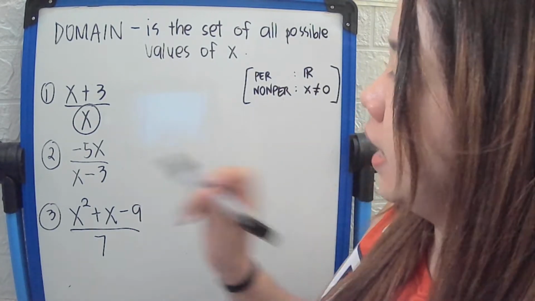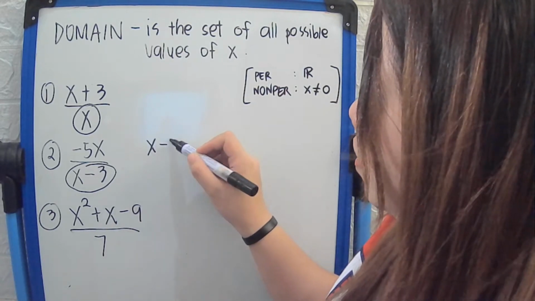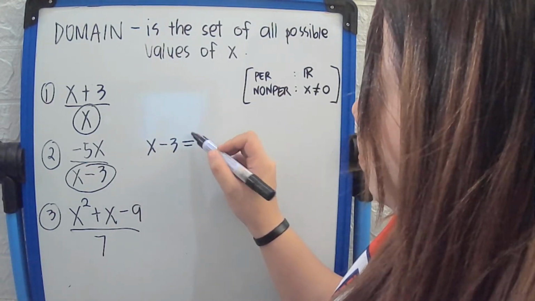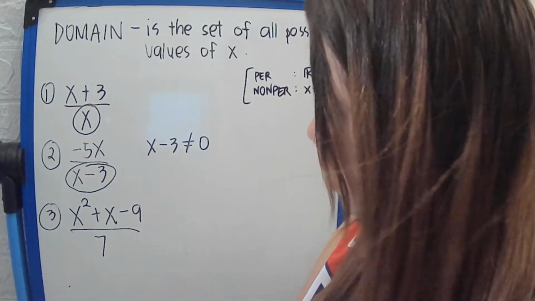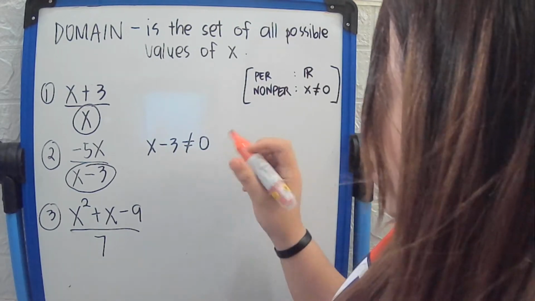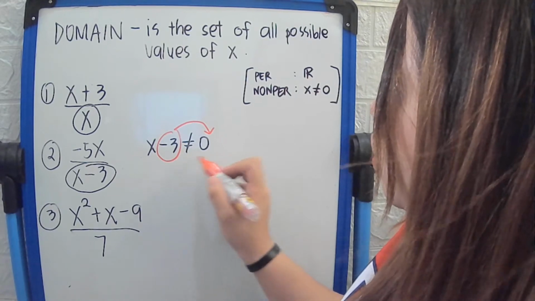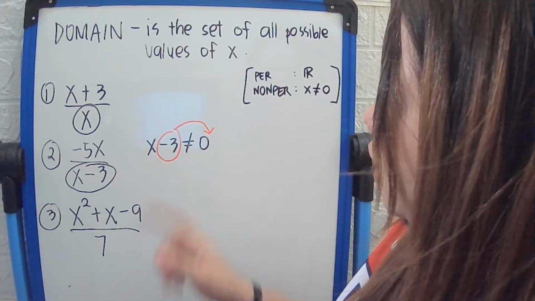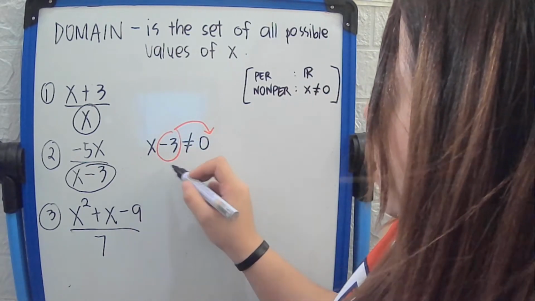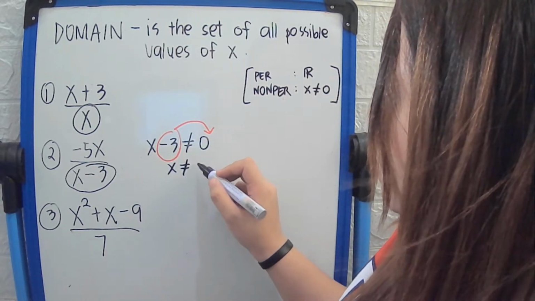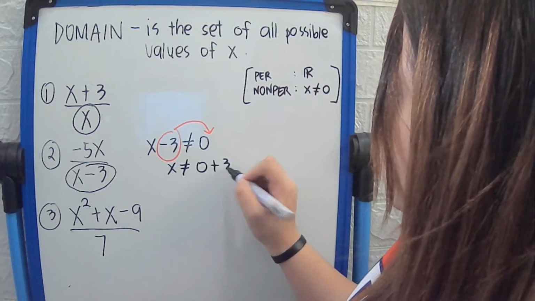For number 2, again, you take the denominator, x minus 3. Then the whole term must not be equal to 0. Just like in equations, we need to identify the value of x. So we transpose this to the right to combine the two constants and get the value of x that is restricted. Transposing minus 3 to the right will give you plus 3.